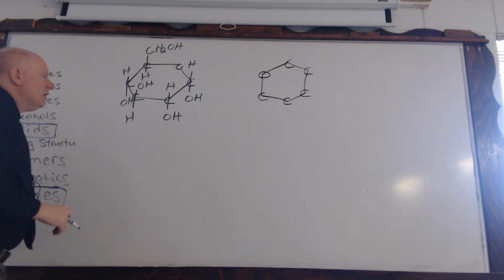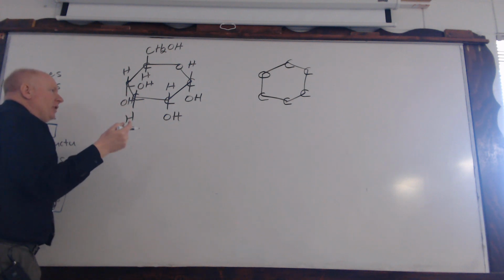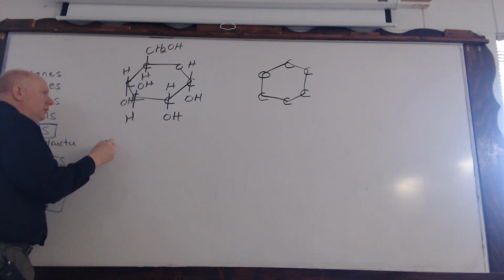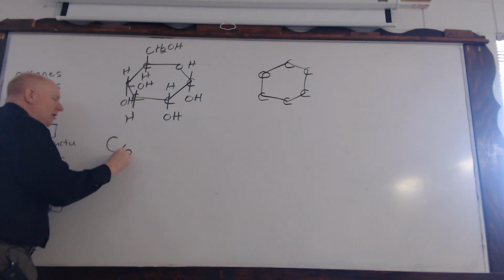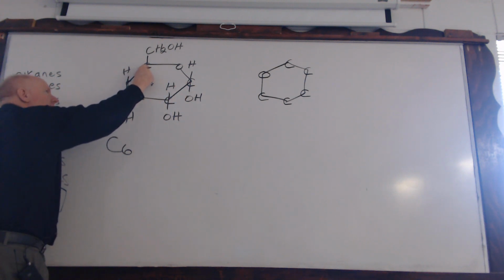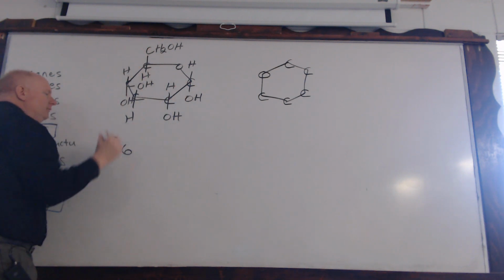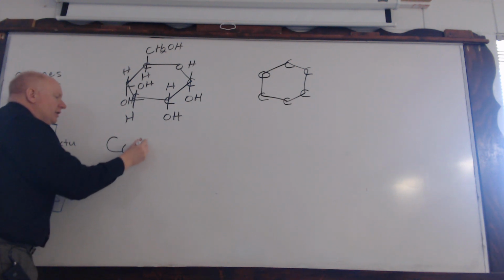Okay, so now, how many carbons do you see up here? How many carbons do you see? 6. Okay, that's the trick. Because there's 1, 2, 3, 4, 5. There's your sixth one. Okay, so let's count our hydrogens now.